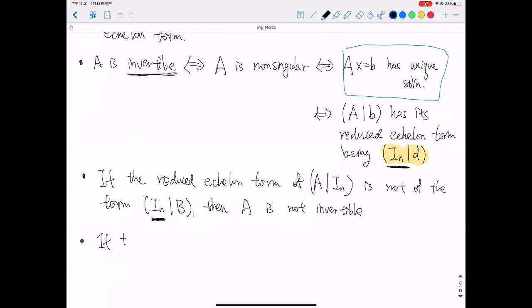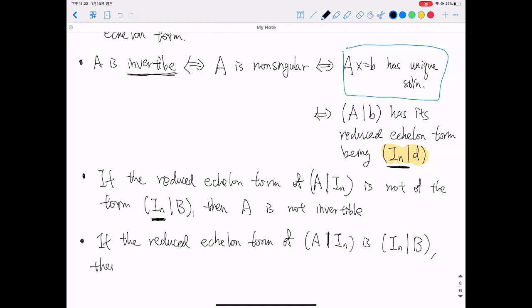So if the reduced echelon form of [A | I] is indeed of the form [I_n | B], then what you can say is, first of all, A is invertible, and this B that appears here is equal to A inverse.